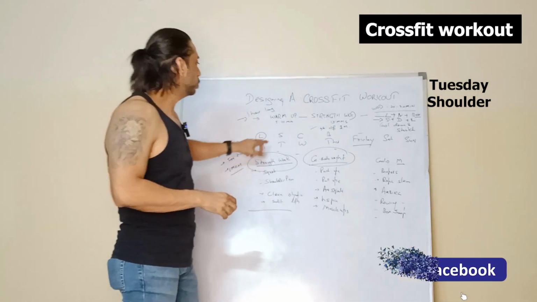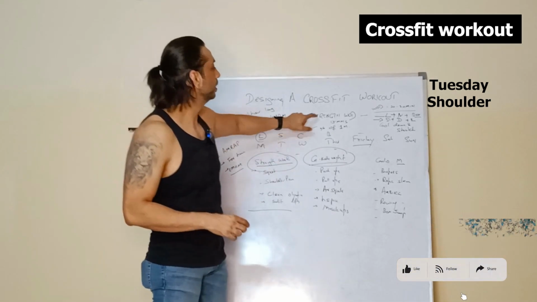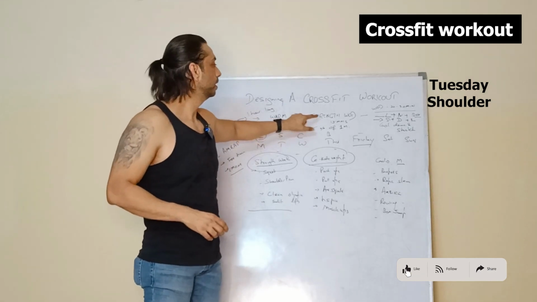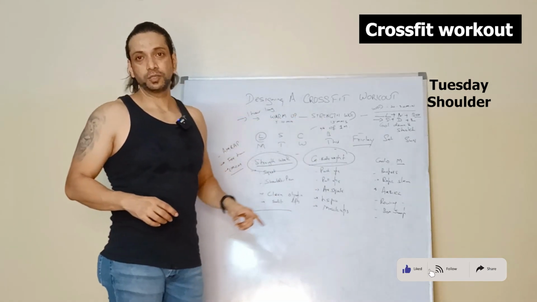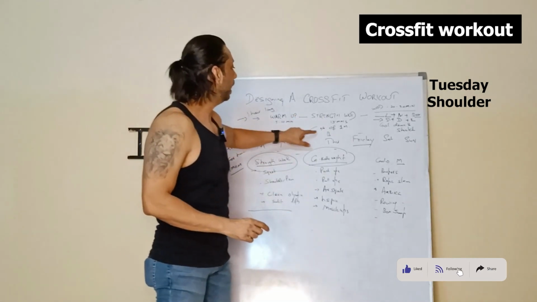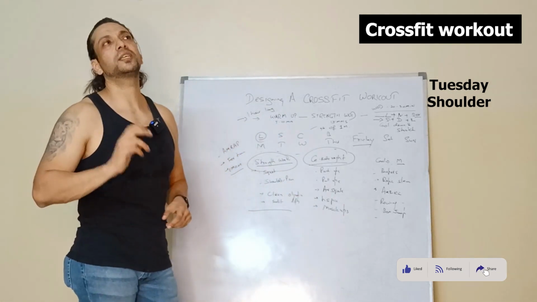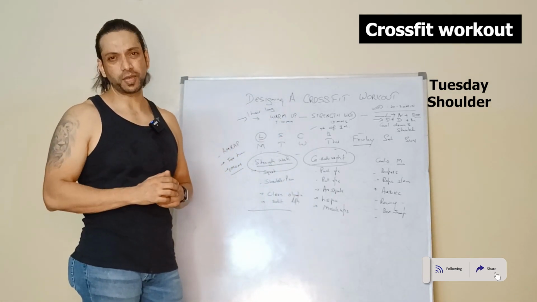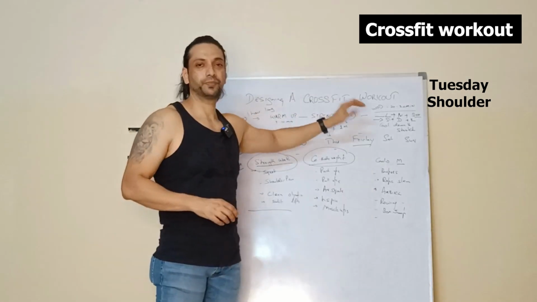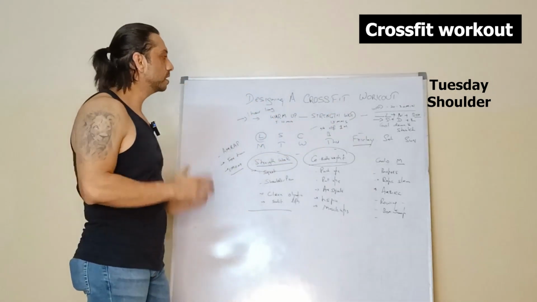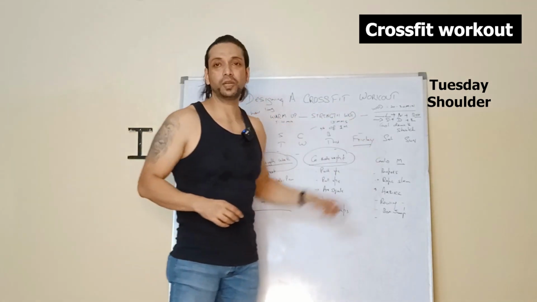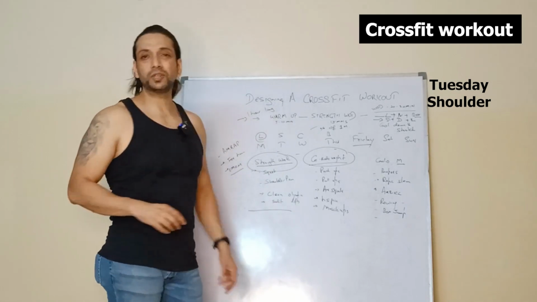Now on a shoulder day, say we are doing strict shoulder press every 2 minutes for 14 minutes at 80% or say 70% of our 1 rep max. That's our strength work. Once this is done, our next workout, let's do some power snatches.